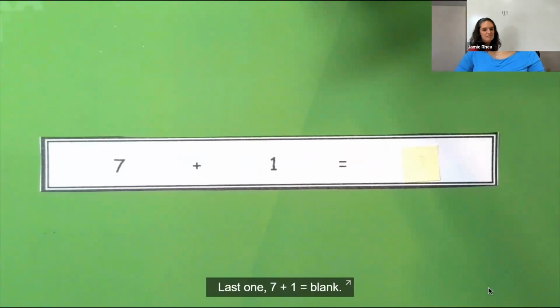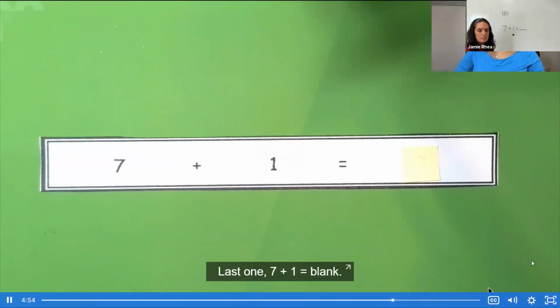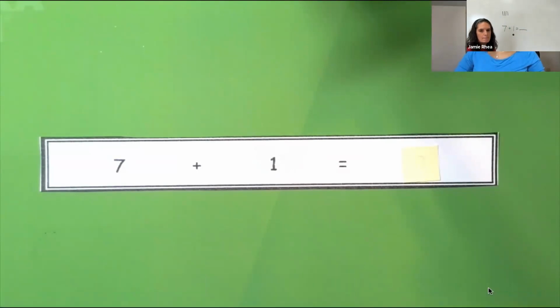Last one. 7 plus 1 equals blank. I think I forgot a point. Remember, you can count on 1 more, use your dot, or count on your fingers. 7, 8.